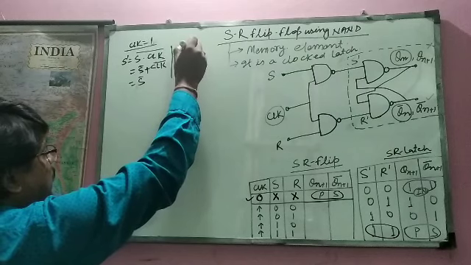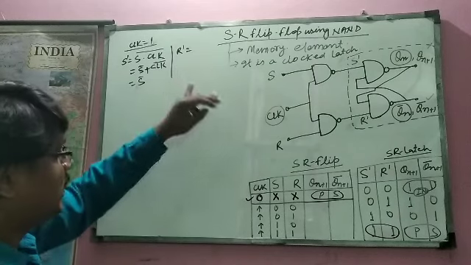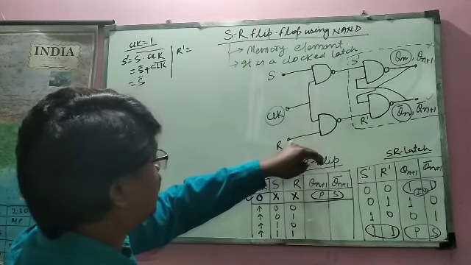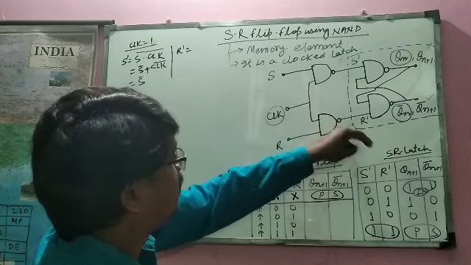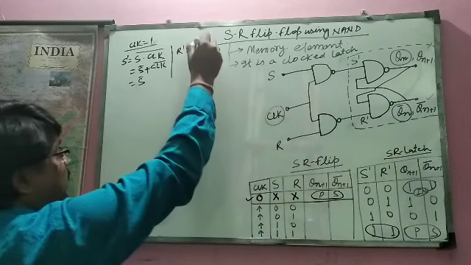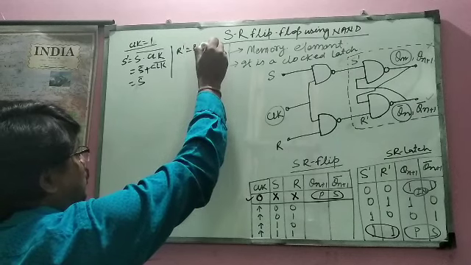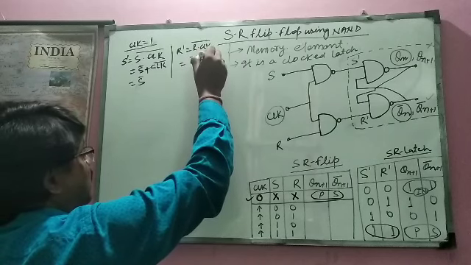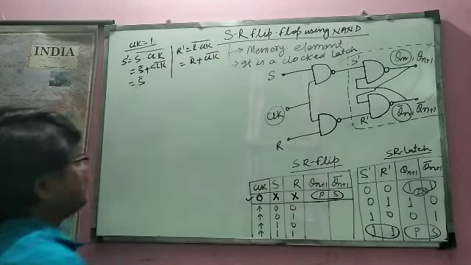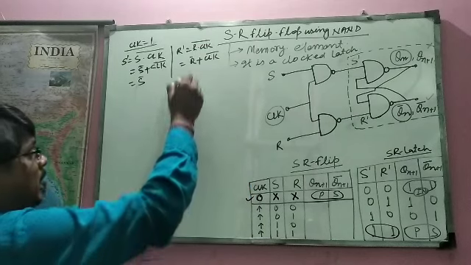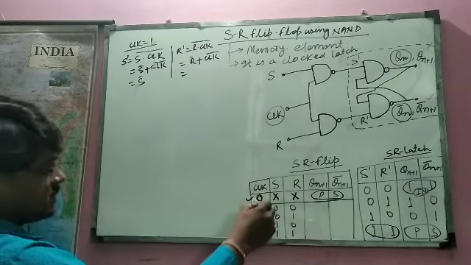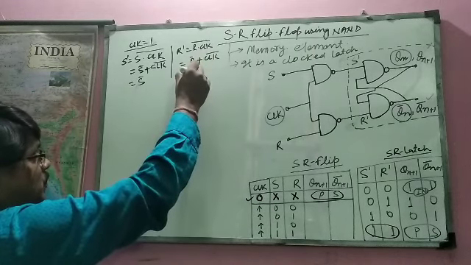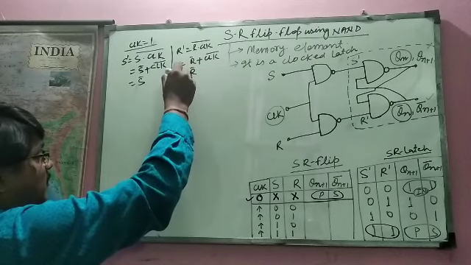Similarly, what will be the value of R dash? R dash will be equal to R into clock, whole bar, the NAND. By using De Morgan's law, this is R bar plus clock bar. If the clock is 1, clock bar will be 0, so that is a very simple case.